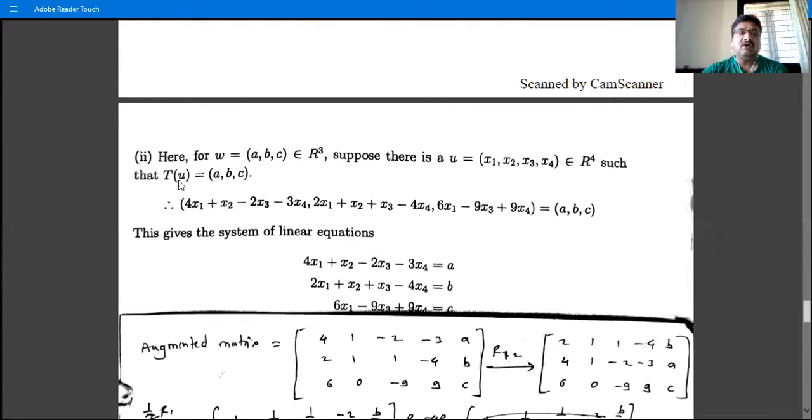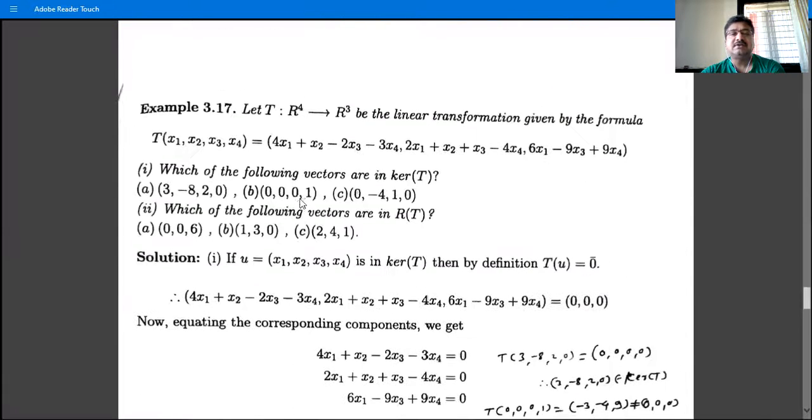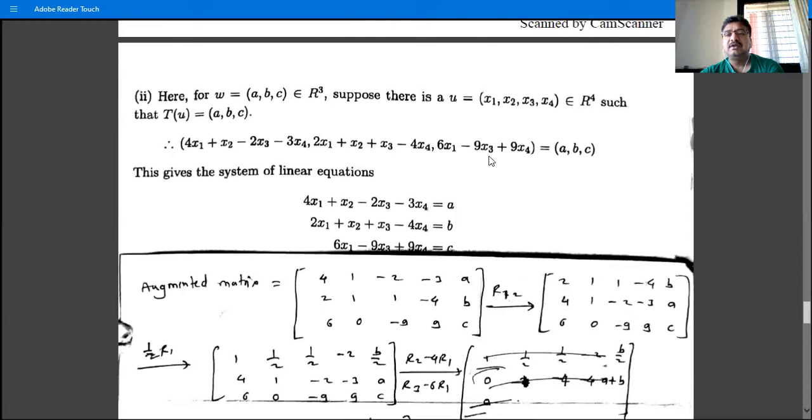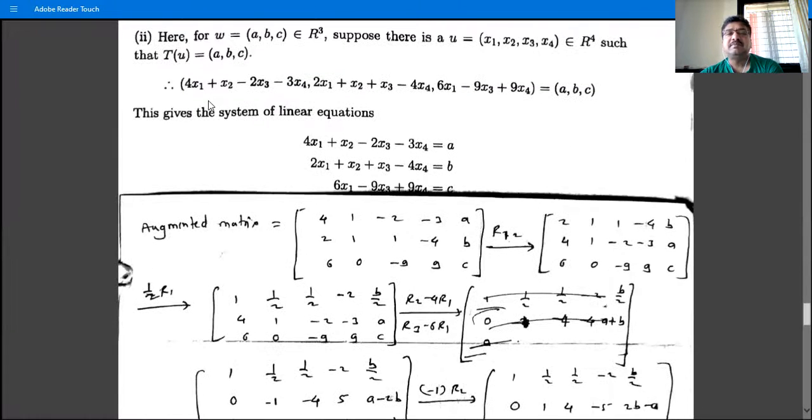So what is T of U? T of (x1, x2, x3, x4) is this. From the definition, this value is equal to (a, b, c). Then comparing LHS and RHS, we have this system.